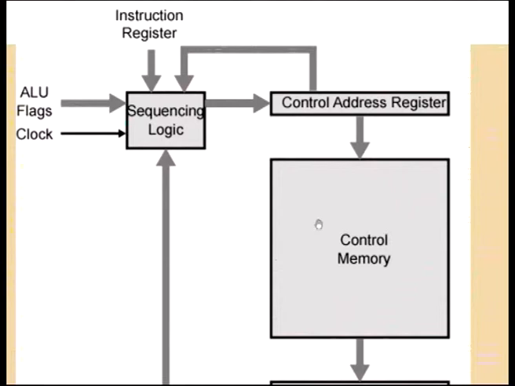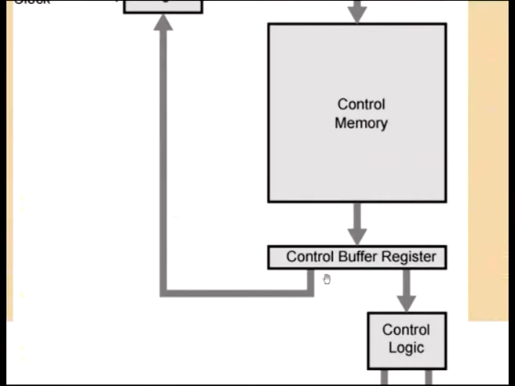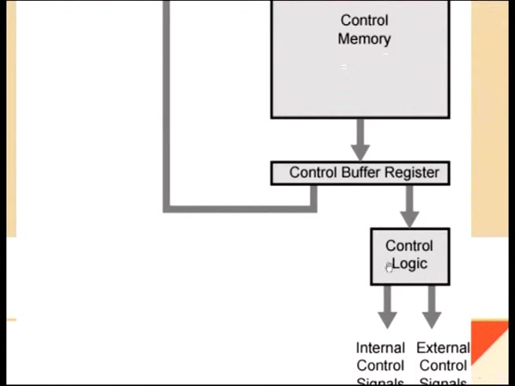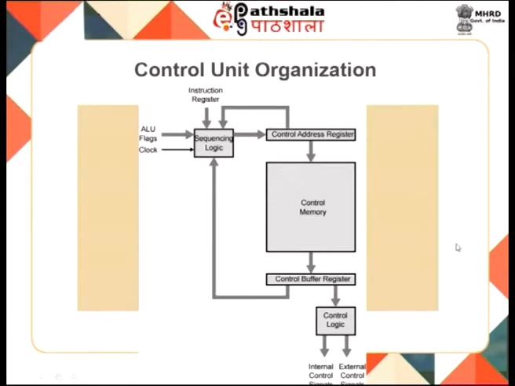So, you will have to address the control memory using the control address register and then get out all the control signals. That will go to the control buffer register, and from there it will go to the control logic, and you have all the internal and external control signals getting generated. So, this is the general flow of a control unit organization, where the main part is the sequencing logic, where you decide how to sequence through the control memory, and based on that get your control signals.